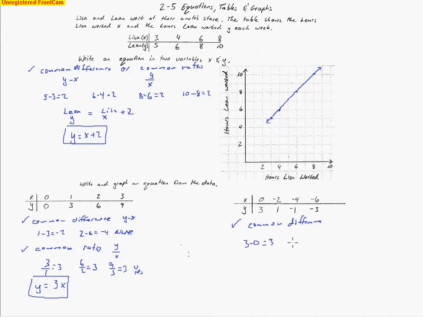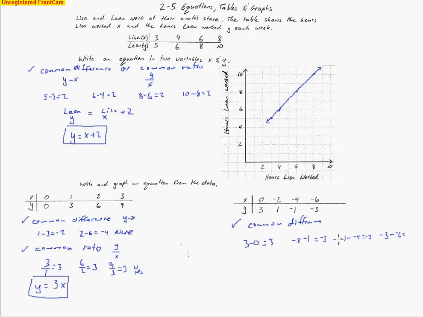The next one's negative 2 take away 1, and that makes a negative 3. And let's check this next one. Negative 1 take away negative 4 makes negative 3. And the next one, negative 3 take away negative 6 ends up giving me a positive 3.